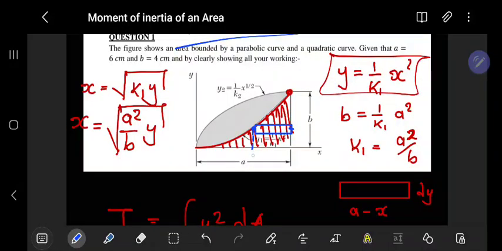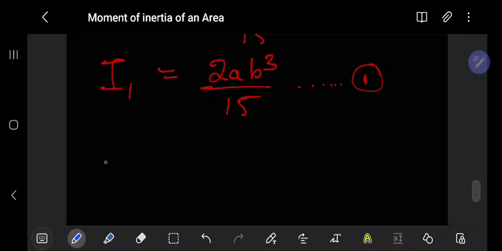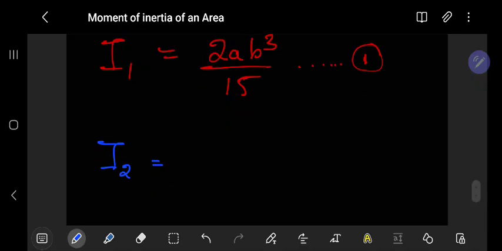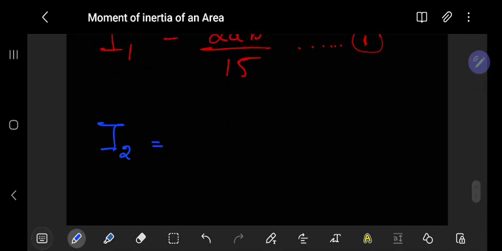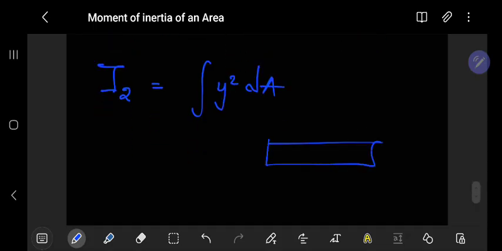We'll take this to be x here and this to be y here. So just like we did in the previous step, the moment of inertia, we'll label that as I2, which is below that second graph. So that is going to be the distance. Again, this is y squared and then the a. So just like before, we'll still have something like this.